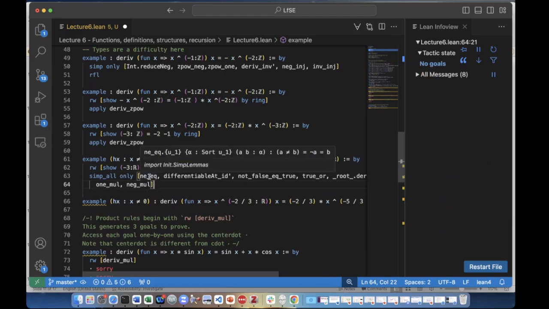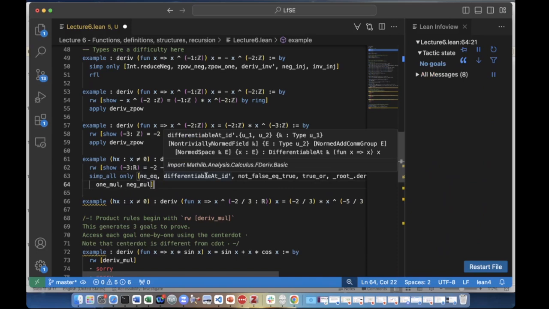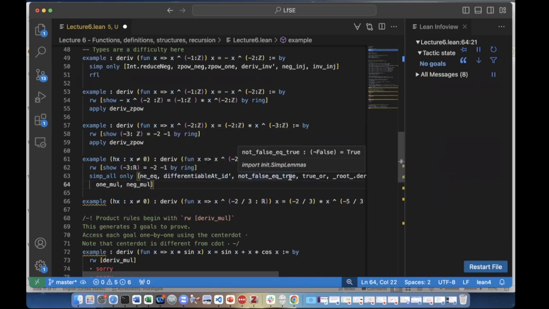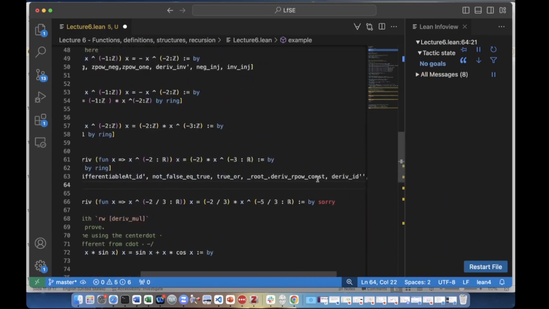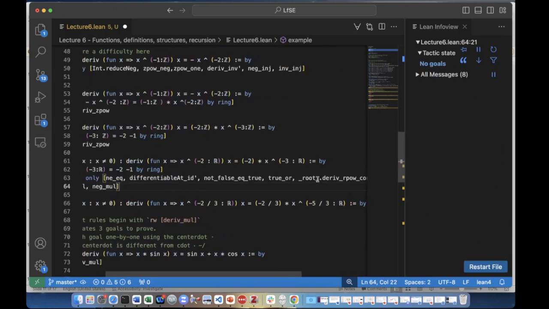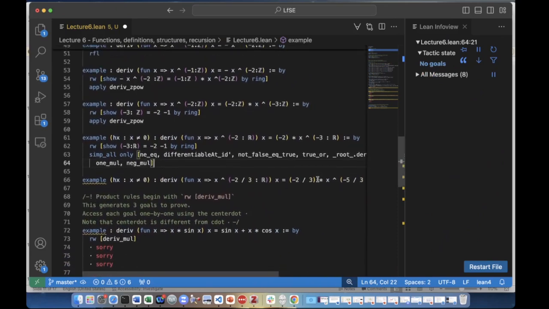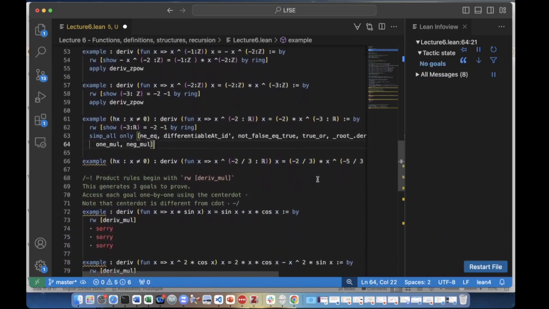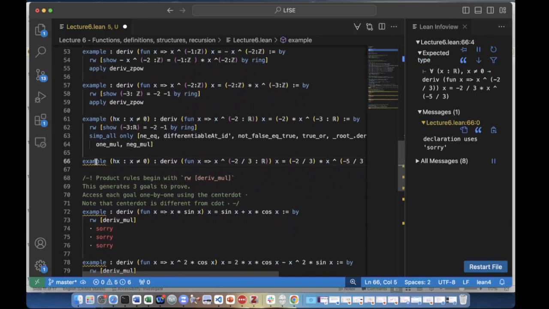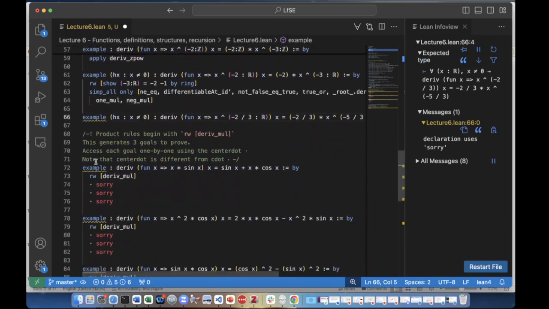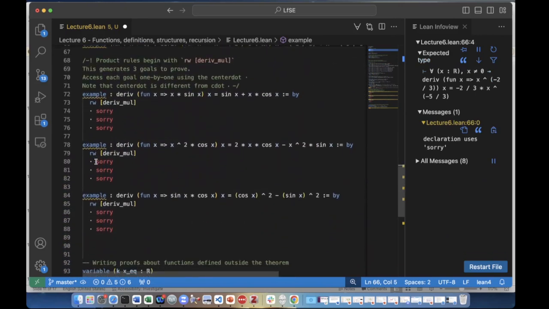And we need some of these things like A does not equal B, different kinds of proofs like this. And we need differentiable at and these. So I will leave this one as an exercise for you to work out on your own. And we're going to move on to the chain rule.